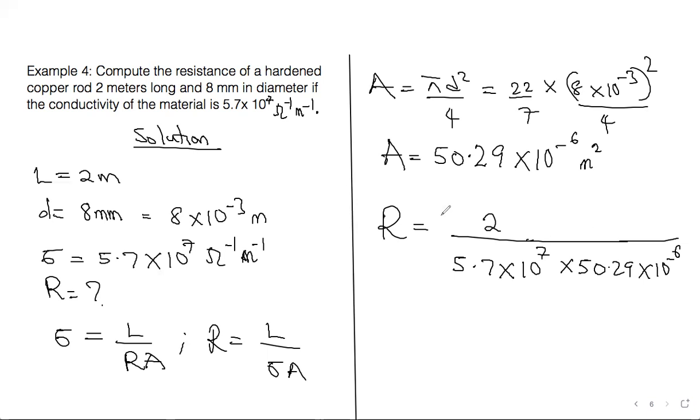If I multiply it out, I'll have about 6.98 times 10 raised to the power minus 4 ohms.